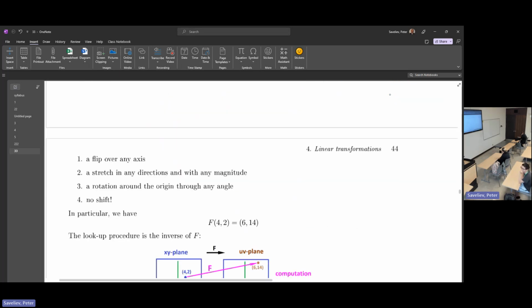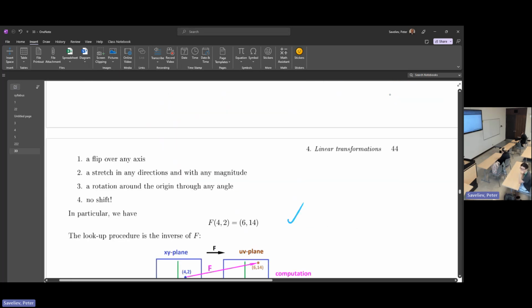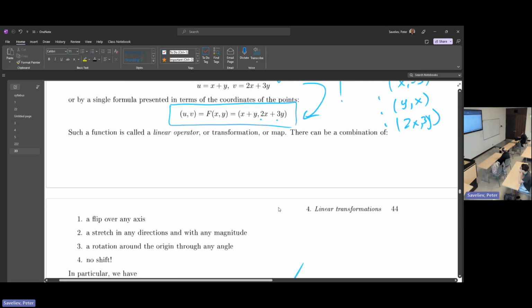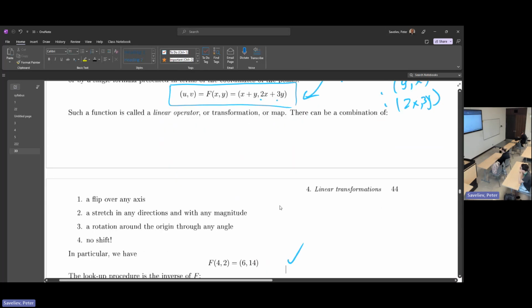Once again, the set of our problem is here. Once f is defined by this formula, my problem now looks like this: f of 4, 2 is the answer, but the question was f of x, y equals 6, 14. That's the problem, and somehow we still don't know how to find the solution.